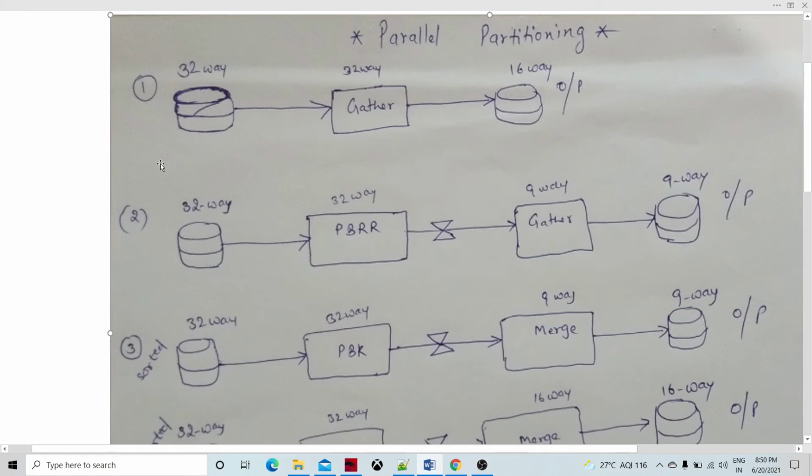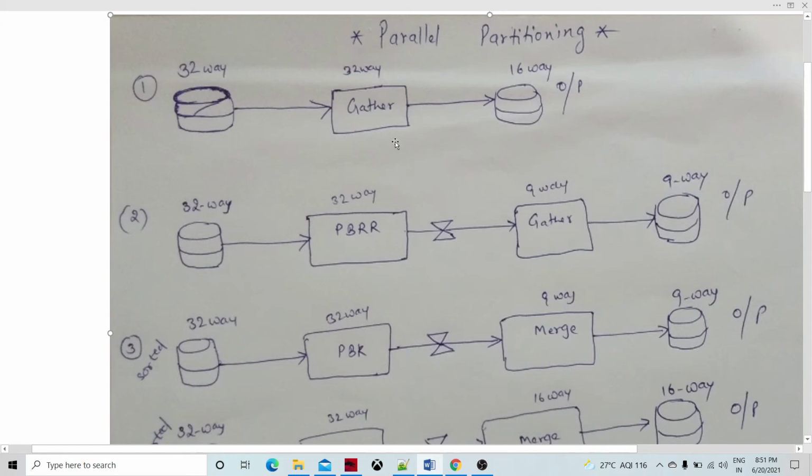These are in connection with parallel partitioning. Many times we get this question while designing a solution, or in interviews: we have 32-way partitioning, or let's say 64-way partitioning, and you want to achieve a lower degree of parallelism.